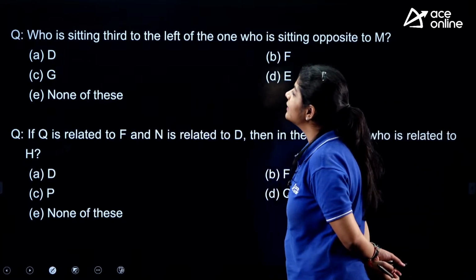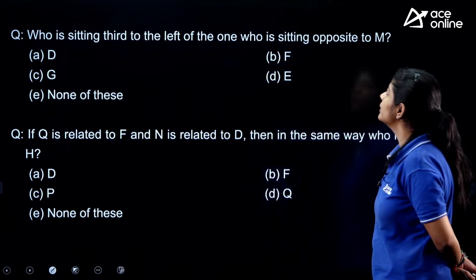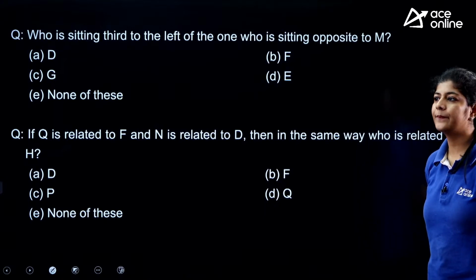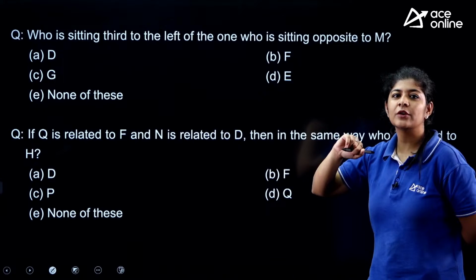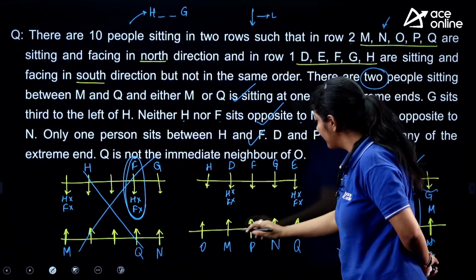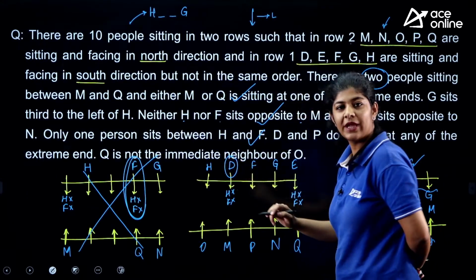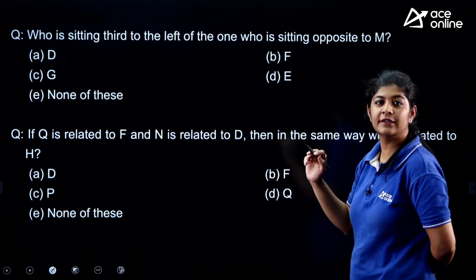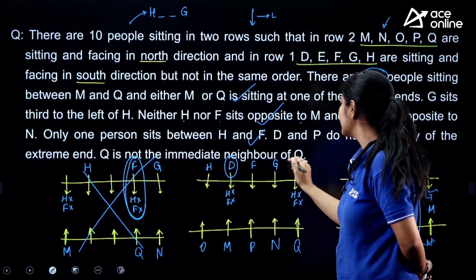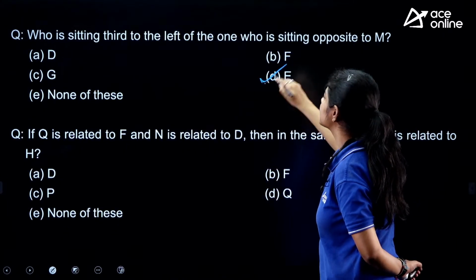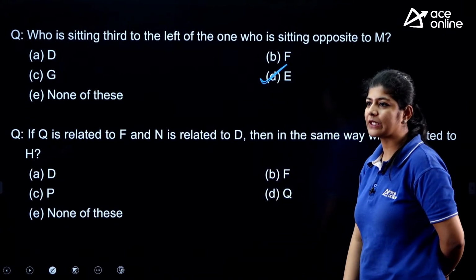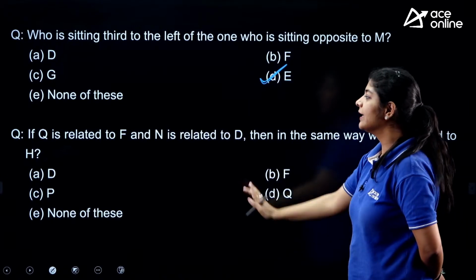First we need to find out who is sitting opposite to M. Opposite to M we have D, and the question is asking who is sitting third to the left. First left, second left, third left. Who is sitting over here? E. Do we have this in our options? Yes. Option D is the correct one. Very good, Ragla, right?